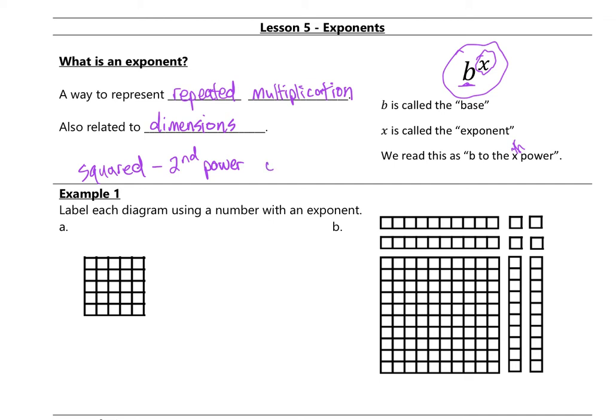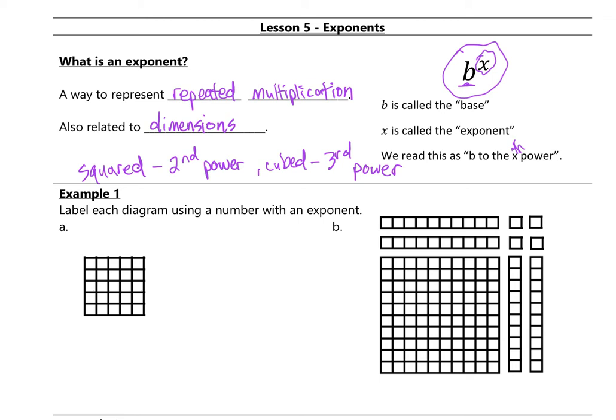And then cubed is the third power. This relates to dimensions because the second dimension would have squares and other shapes like that, and the third dimension, so think 3D, would have cubes, like ice cubes, as shapes.